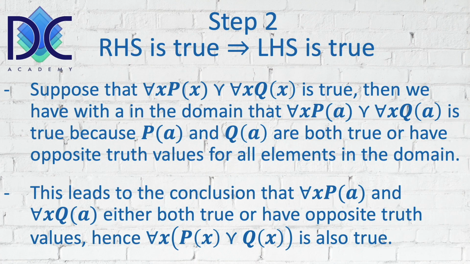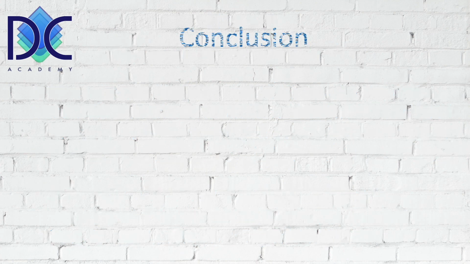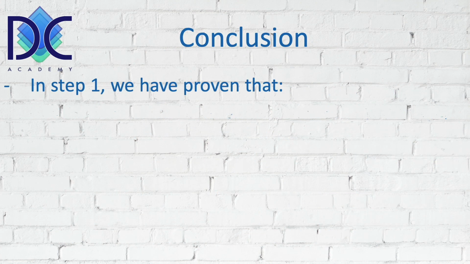So p(a) or q(a) is the same. So when p(a) and q(a) have the same truth values, when they are both true, or they have opposite truth values, then p(a) or q(a) is also true. This means that we have proven the two expressions.